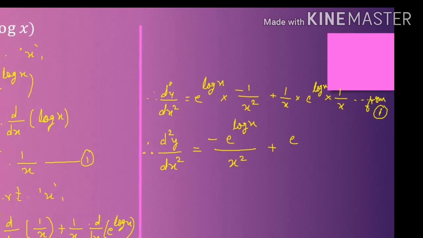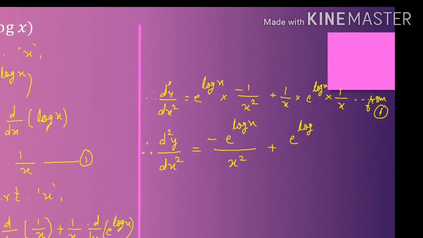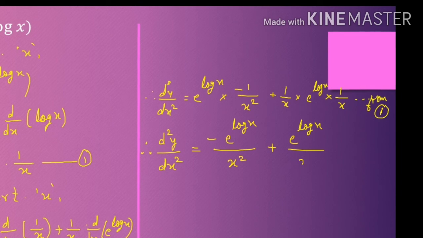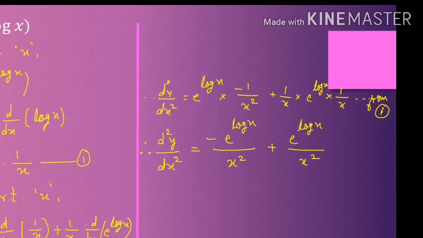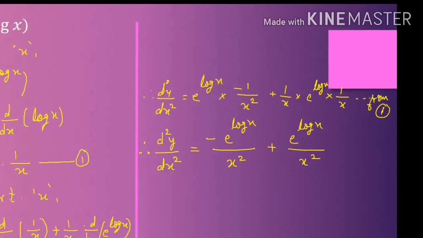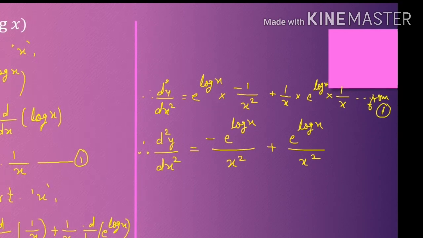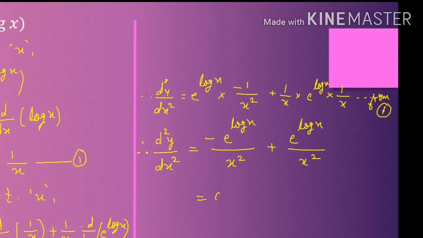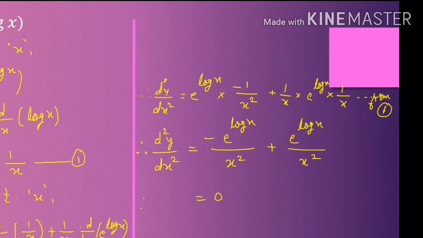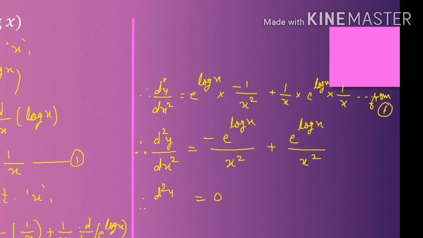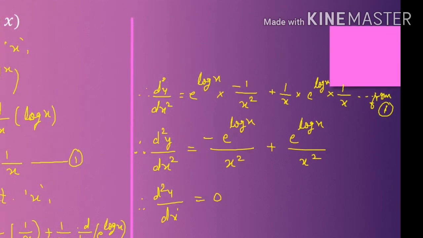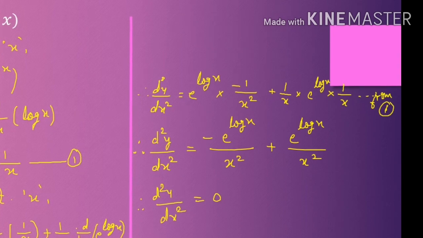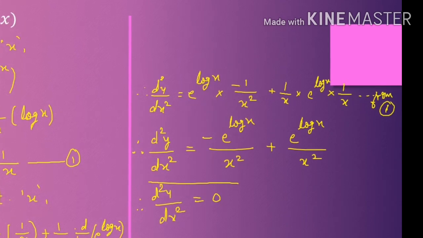So you get e raised to log x upon x square. So minus e raised to log x upon x square and plus e raised to log x upon x square will be equal to 0. So you get d square y upon dx square is equal to 0. This is your final answer.